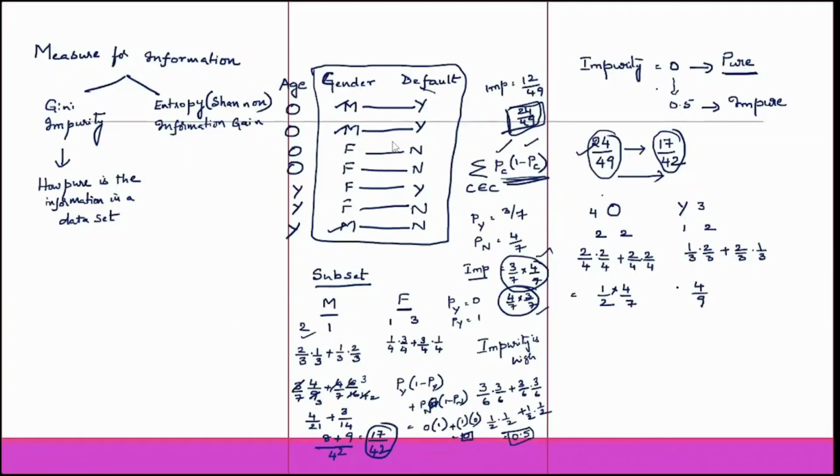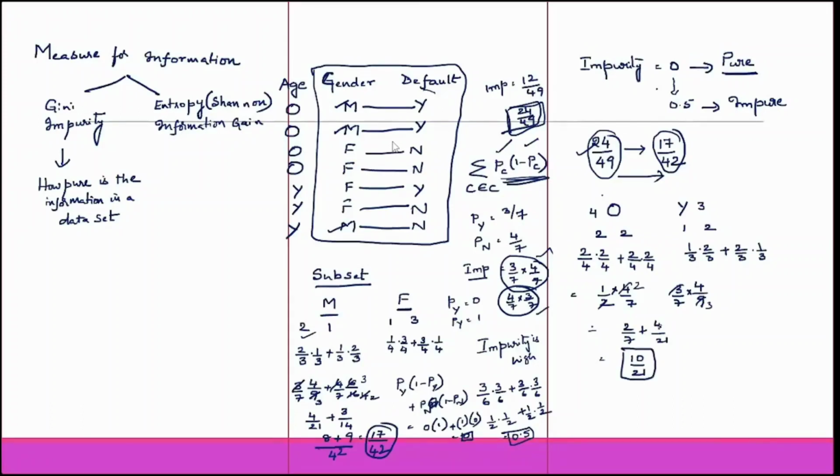Here we are multiplying it by 3 by 7. So overall it is becoming 2 by 7 plus 4 by 21. So this is actually becoming 10 by 21.